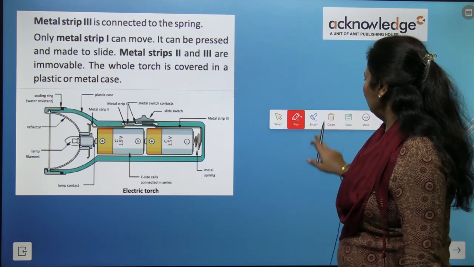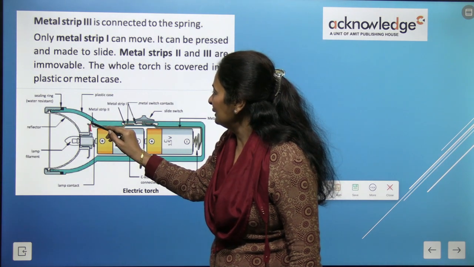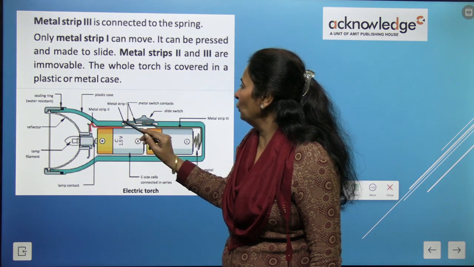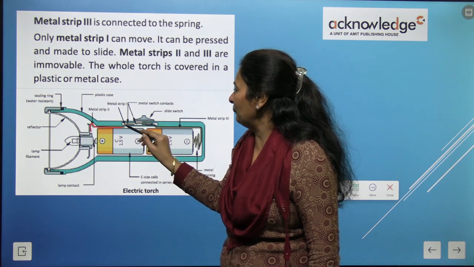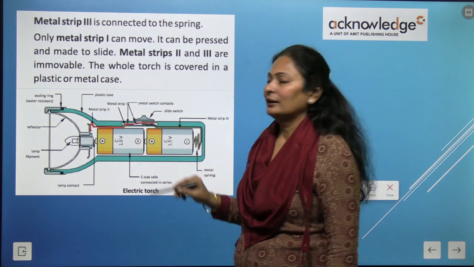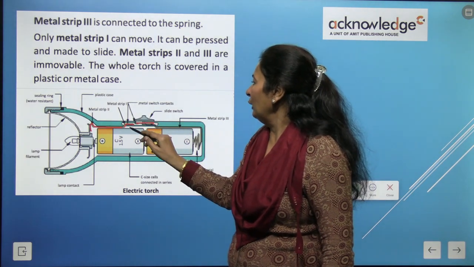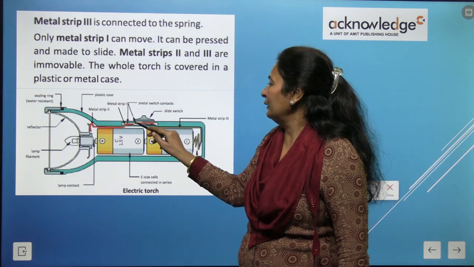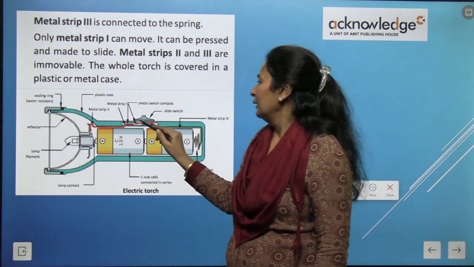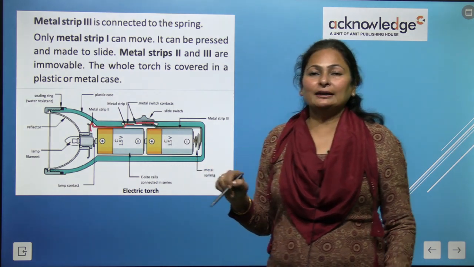Metal strip 1 you will find in the switch button. So this is metal strip 1. This is a wire. This is in the off condition as of now. It is not glowing. I will show you how you can identify this.